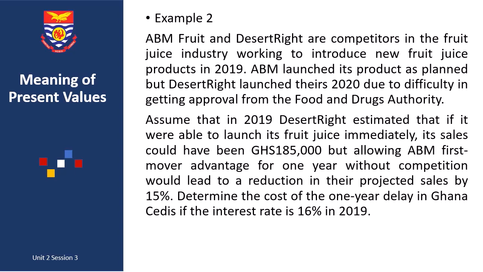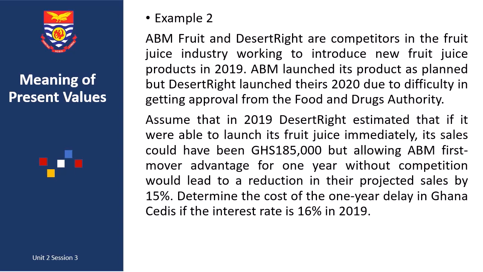Assume that in 2019, Desert Right estimated that if it were able to launch its fruit juice immediately, its sales could have been 185,000 Ghana cedis. So if it was able to launch as planned in 2019, it projected to make a sale of 185,000.